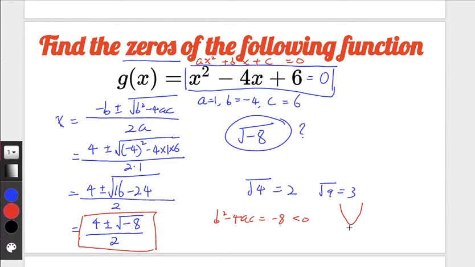So we're expecting the graph to look like this: they do not intersect the axes at all. We still call this a solution, but not a real solution. This is exactly why we call it not a real solution, because for this kind of number we have a different name.